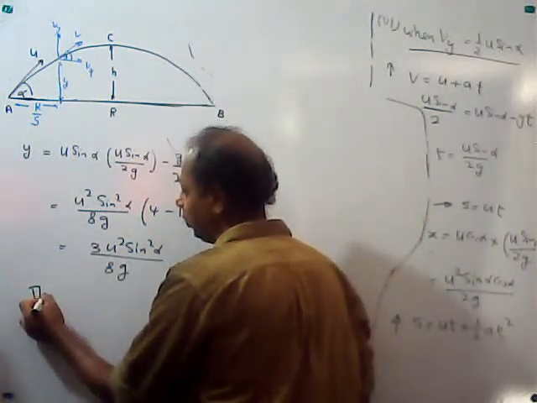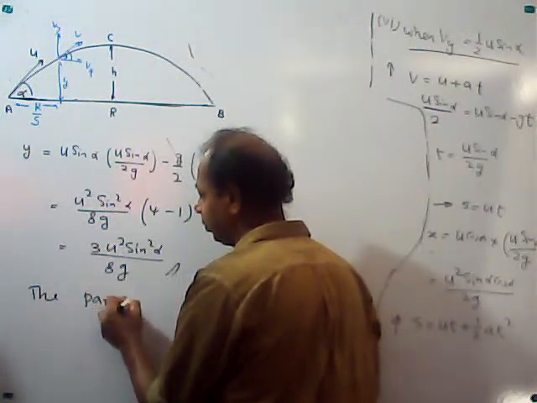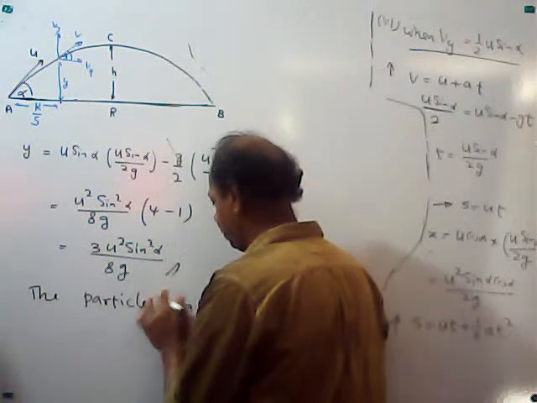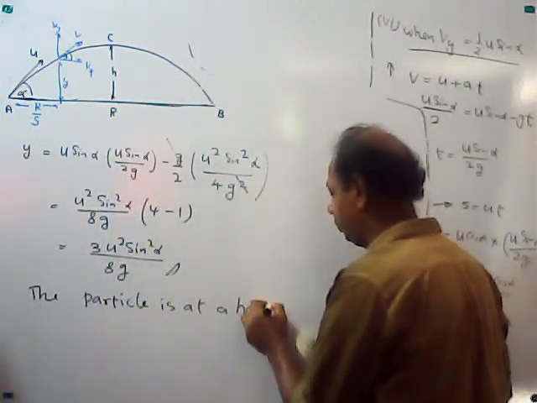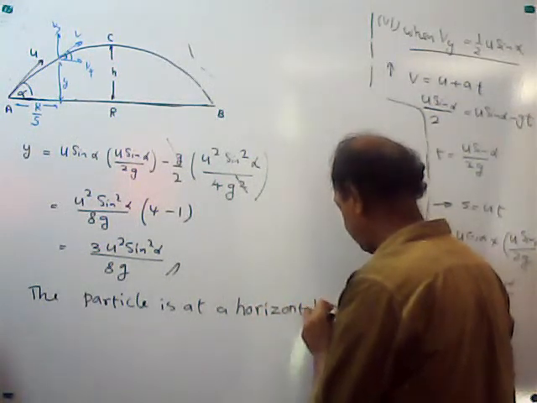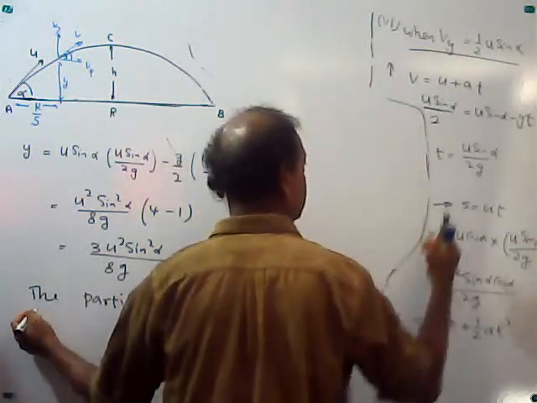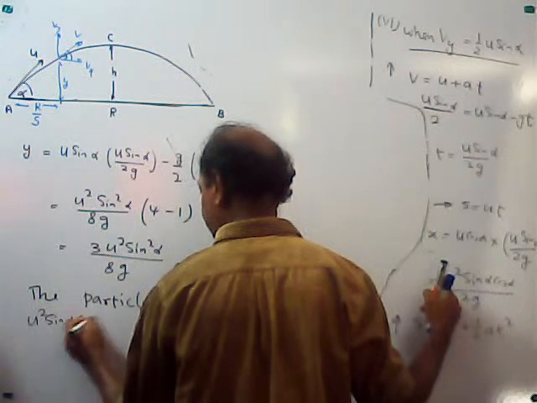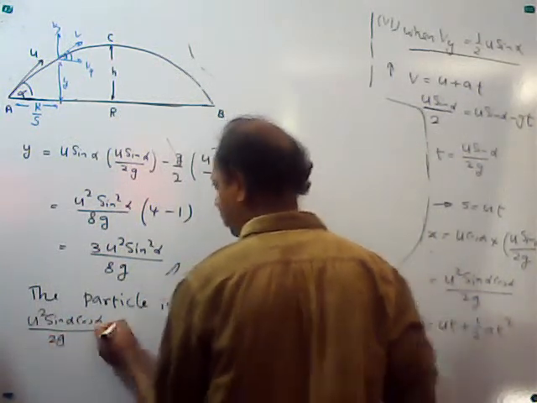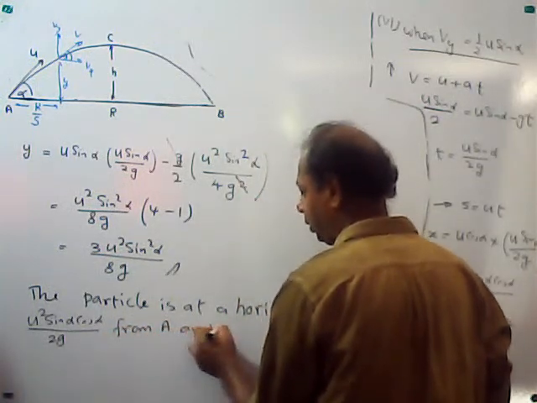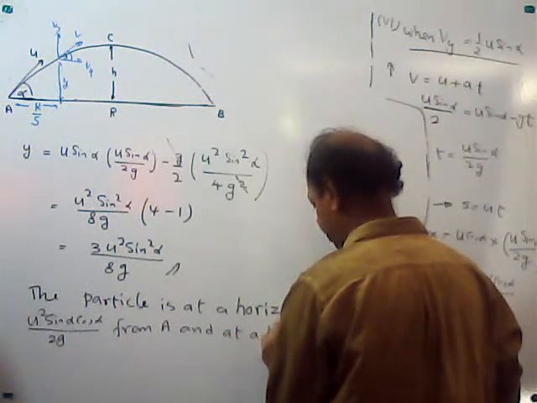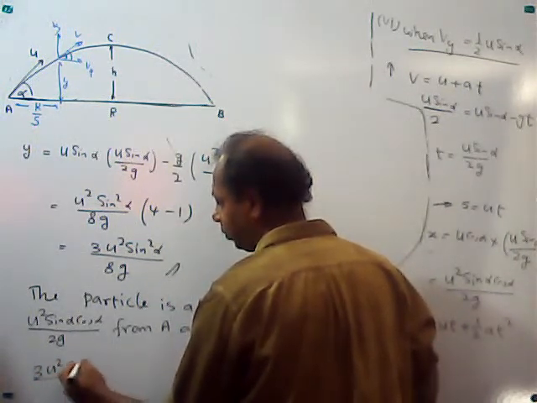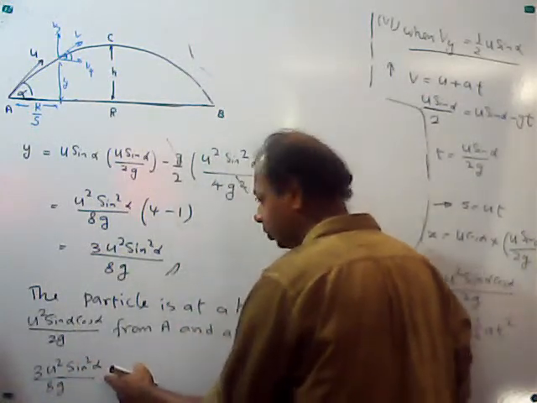The particle is at the horizontal distance u squared sin alpha cos alpha over 2g from A, and at a height, this is the height, 3u squared sin squared alpha over 8g, at this much of height above the ground.